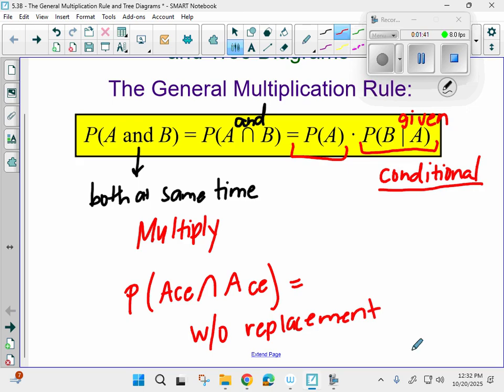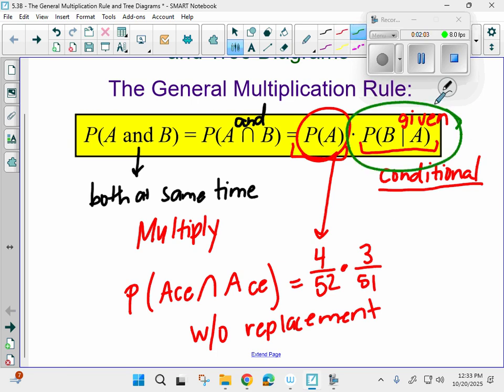So what's the probability of drawing an ace on the first draw? 4 out of 52. So that's the probability of A. Now let's say I don't replace it. You assume you drew an ace. So how many are left? Out of how many cards? 51. So this is legal math right here because I just multiplied by what's called the conditional, meaning I multiplied by getting a second ace, assuming that I got an ace on the first draw, okay? So that is legal. You can always multiply by the conditional.